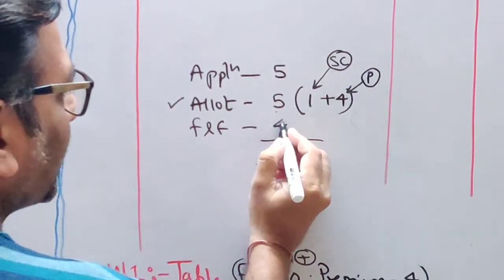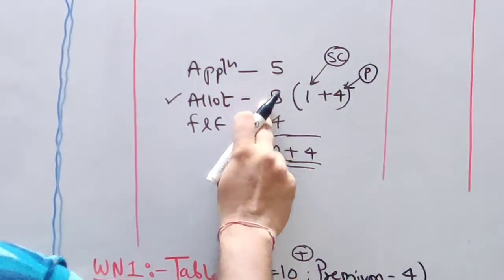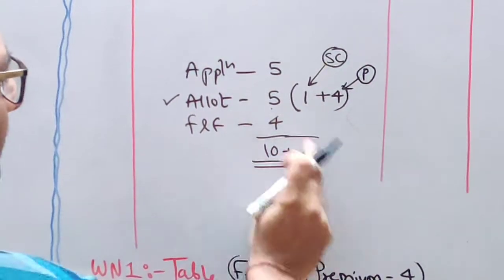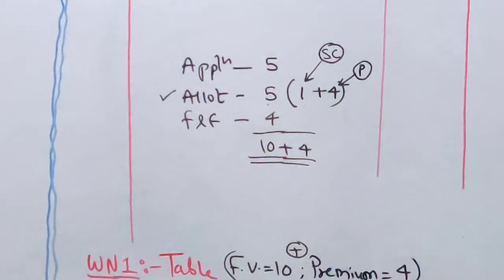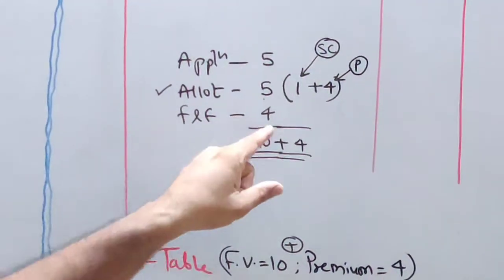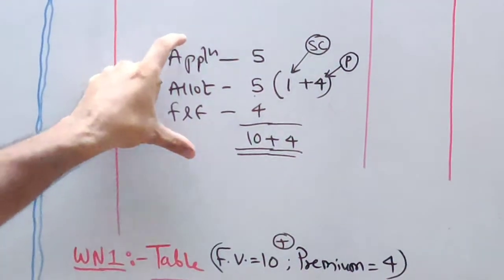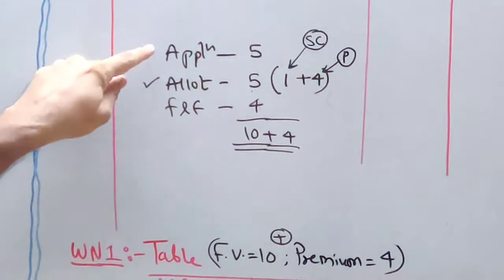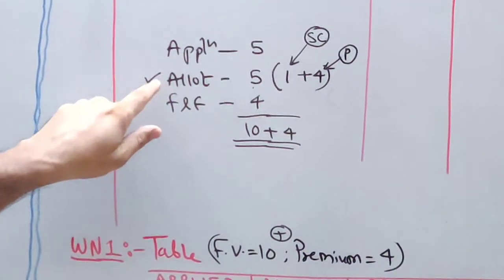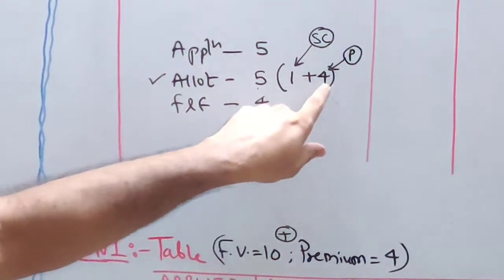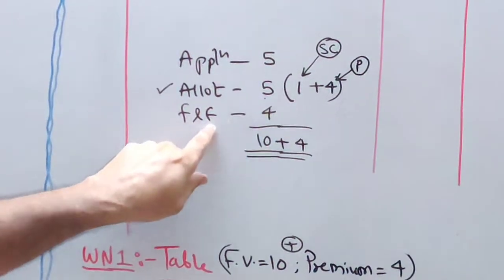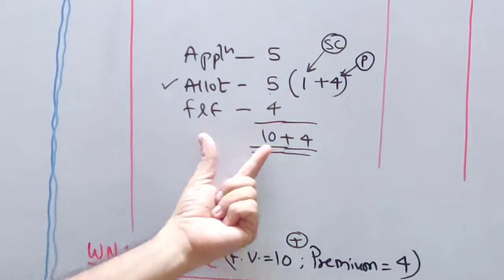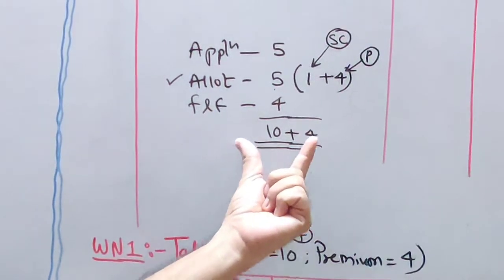So how much is the balance left? 4. 5 plus 5, 10 plus 4, 14. Correct? Am I clear with this? So this is the balance amount. These are the installments. There are 3 installments: application 5 rupees, allotment 5 rupees including premium of 4 rupees, first and final call of 4 rupees. Total receivable is 14 per share.